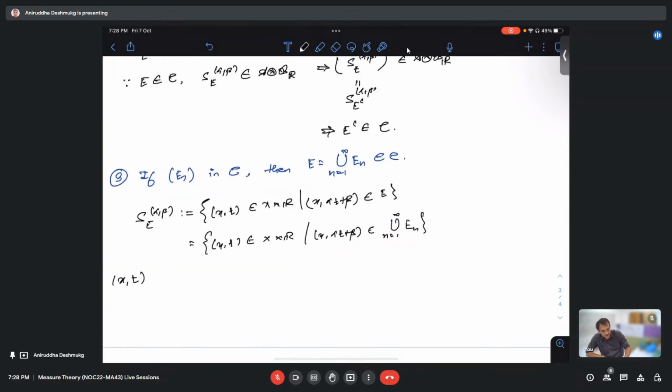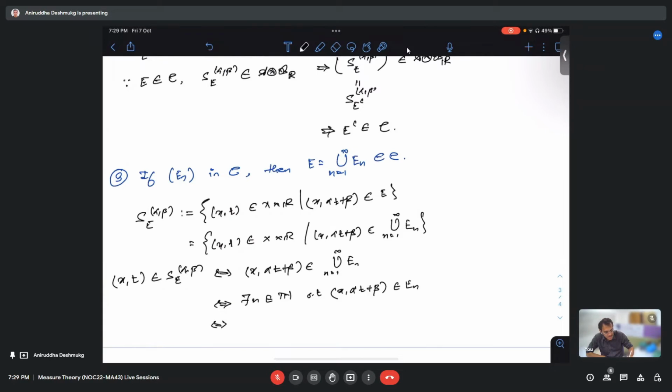So a point x comma t belongs to S of E alpha beta if and only if x comma alpha t plus beta is inside the union. But what does this mean? It should be in at least one of them. Exactly. So there is some n for which x comma alpha t plus beta belongs in En.